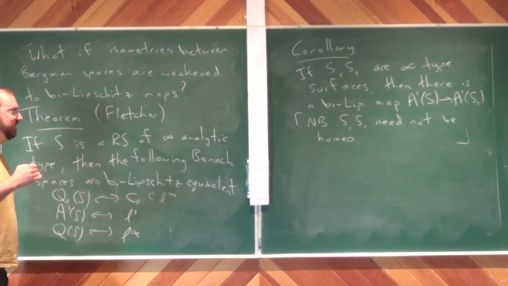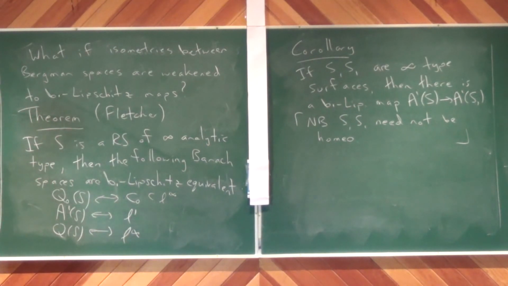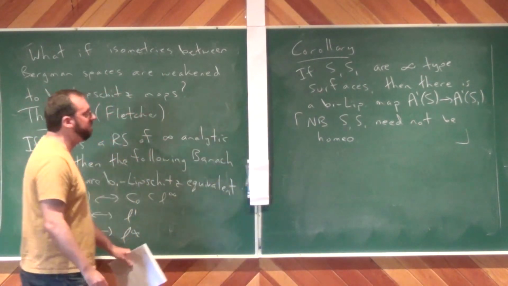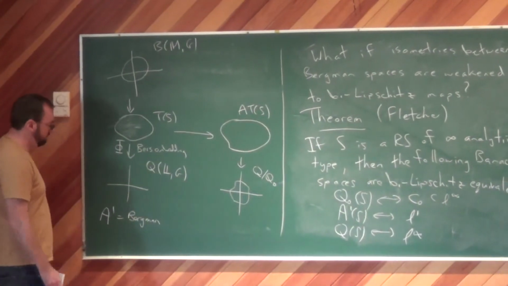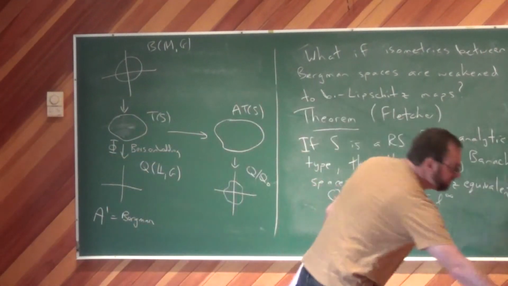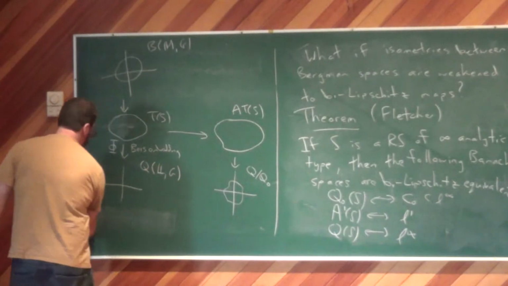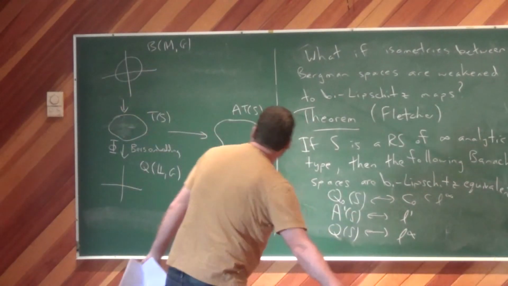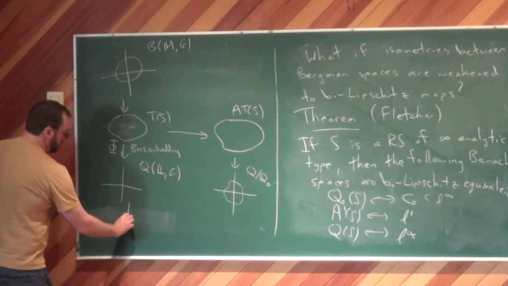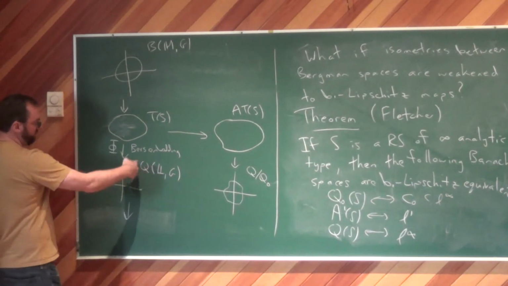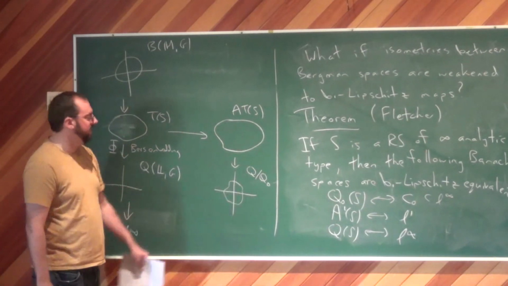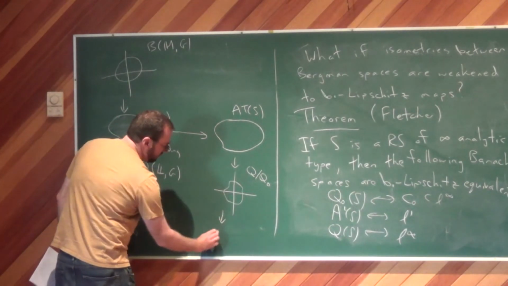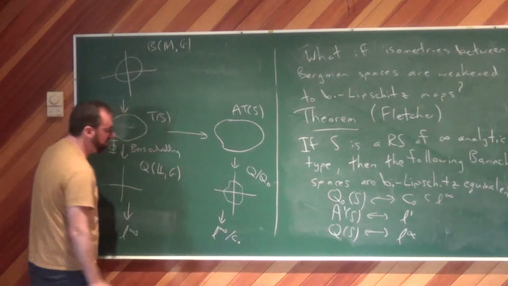So looking at the bi-Lipschitz class of Bergman spaces doesn't tell you anything about the underlying surface, because you can always find a bi-Lipschitz map between them. So what it also tells you is that we have a bi-Lipschitz map from Q down to L infinity, and we have a bi-Lipschitz map from Q quotient Q0 to L infinity quotient C0.